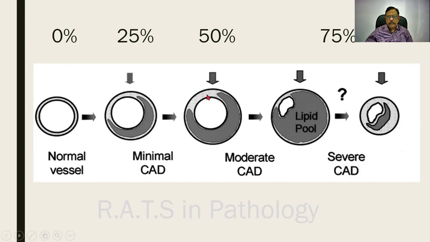And in the next stage, you find that less than about 50% is affected, and the atheromatous plaque is growing larger. And in this, you find that the obstruction is more than 75% with only 25% lumen. And this is a large lesion that we are seeing. So this is a method of grading.